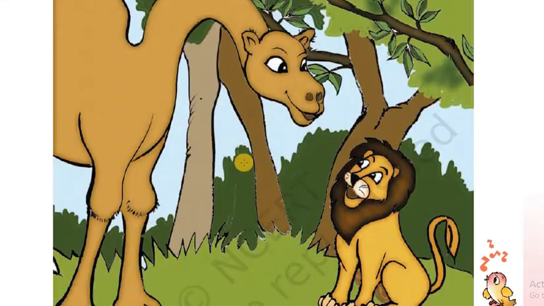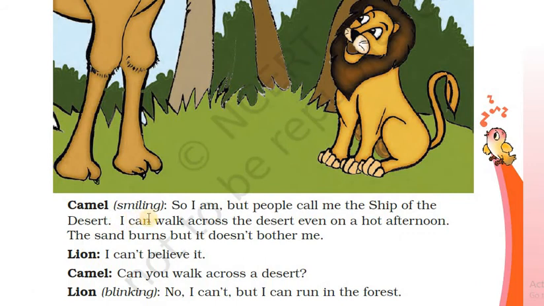So here camel smilingly, हंसते हुए, मुस्कुराते हुए, he is giving the answer, "Yes, I am an animal, but people call me the ship of the desert. I can walk across the desert even on a hot afternoon. Sand burns, but it doesn't bother me."